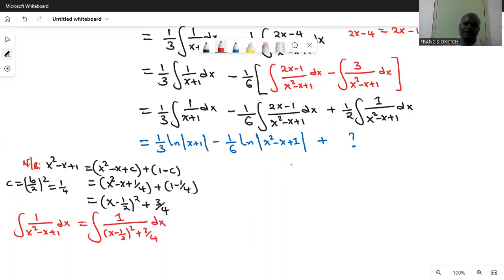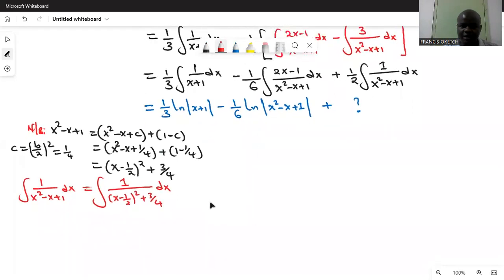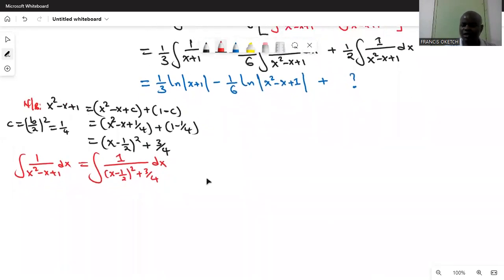So this is the form of the integral where the integrand is 1 over a variable squared plus a constant squared. And we said in that case, you let that variable be tan theta. So you're going to say, let x minus 1 over 2 be equal to a tan theta.